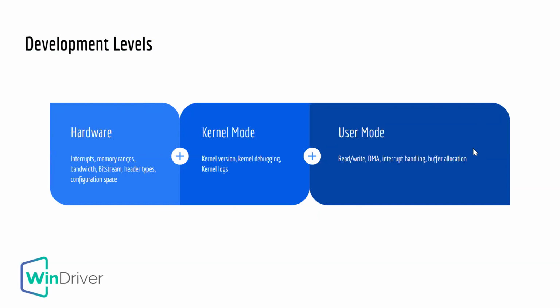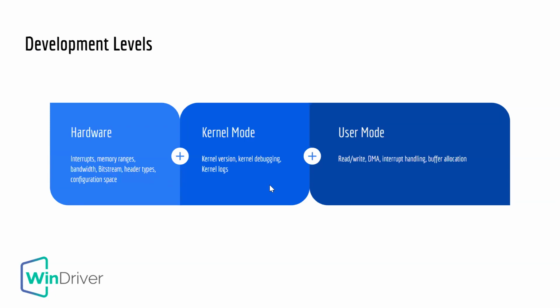This is another slide, pretty straightforward, that emphasizes that it's not just about troubleshooting your computer or your kernel. It can go a long way to the hardware. We have the interrupts, which are a physical component, the memory ranges, the bit stream, the header types, everything is located, let's say, or sits in the device, in the hardware.